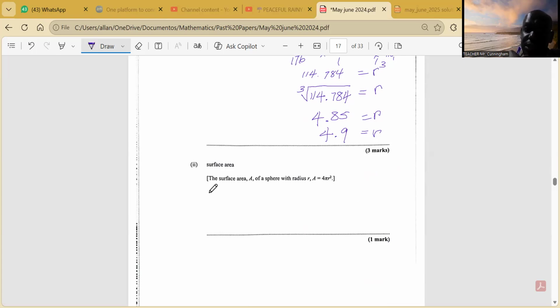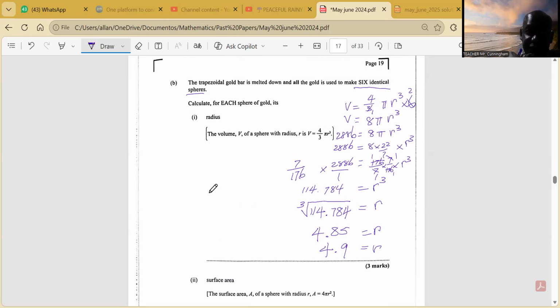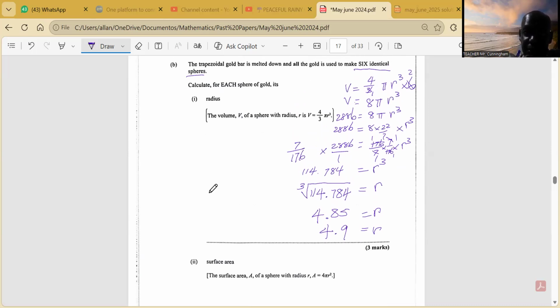All right. What is the surface area of the trapezoidal gold bar that is melted down, and all the gold is used to make 6 identical spheres?